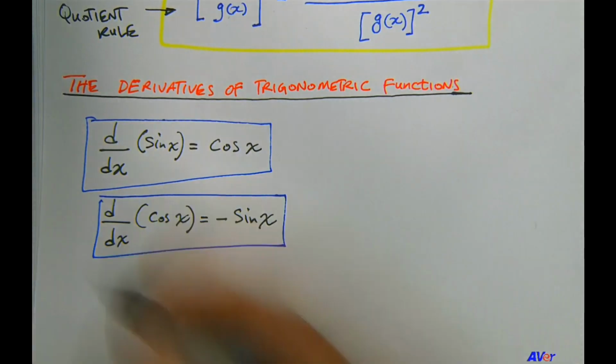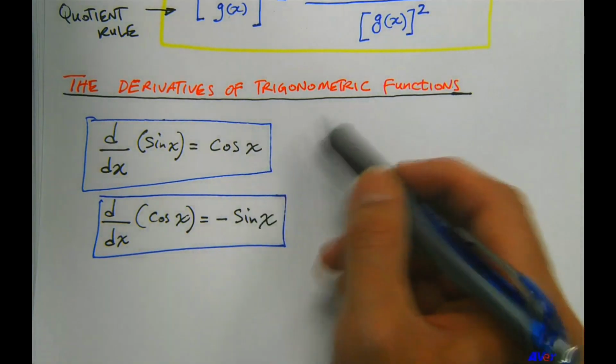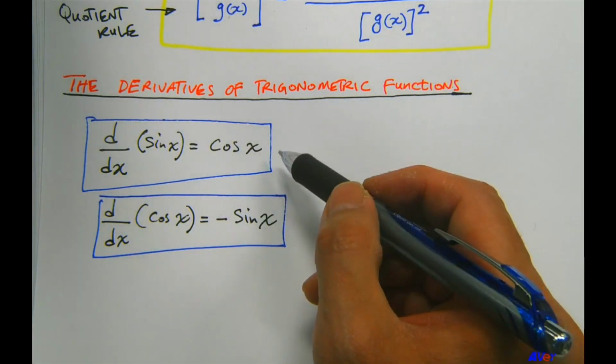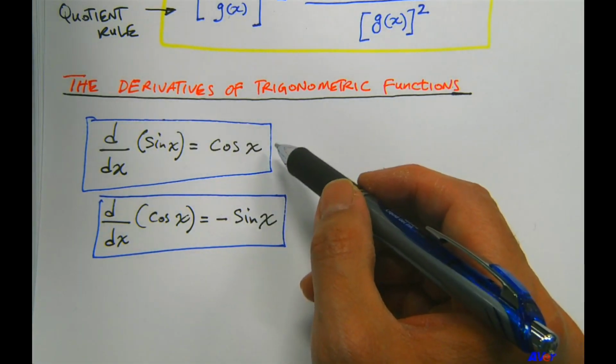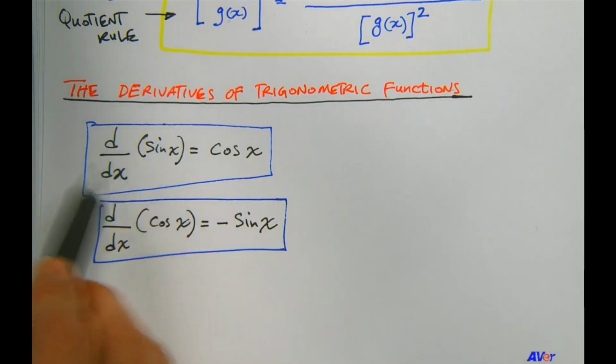By the way, I might as well mention at this point, it's extremely useful for those of you who will be taking higher calculus classes all the way to differential equations, that a notation like this is very, very useful.